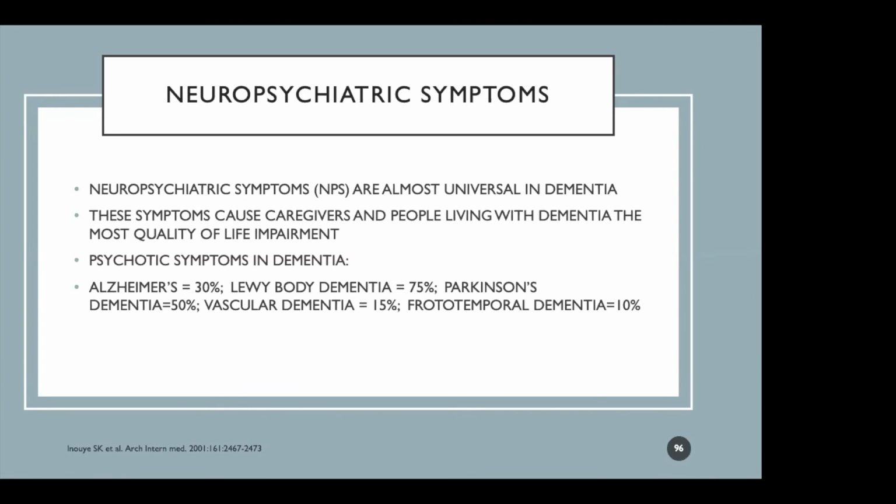These are considered psychotic symptoms. Look at in Alzheimer's, almost 30% of people will have it. Lewy body, 75%. Parkinson's disease, 50%. Vascular, 15%. Frontotemporal dementia, 10%. So it's almost universal.